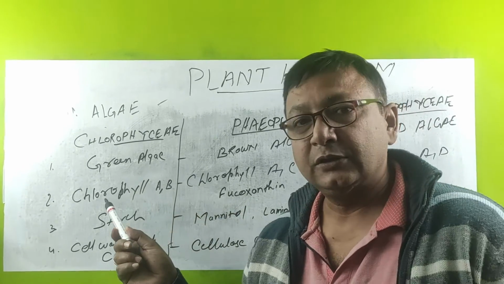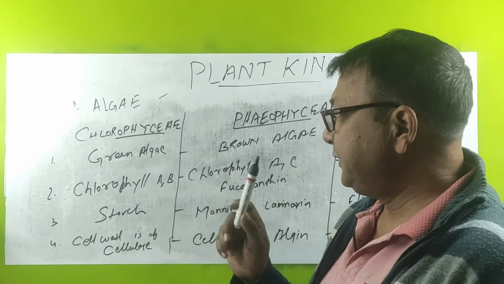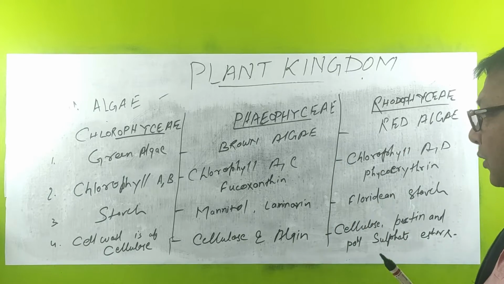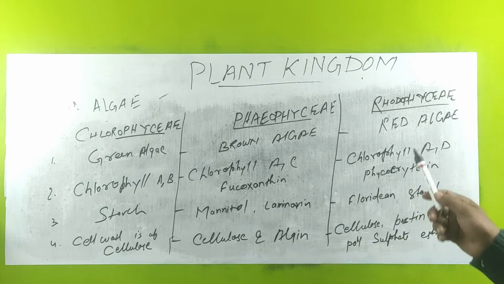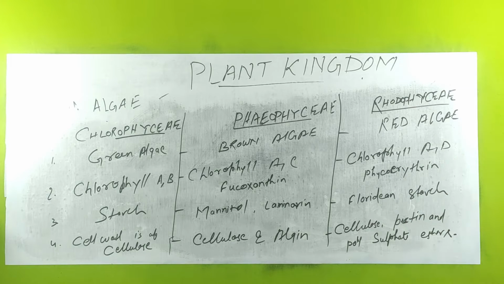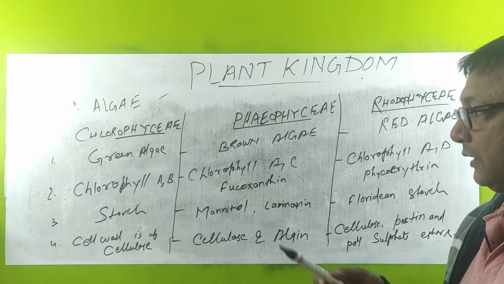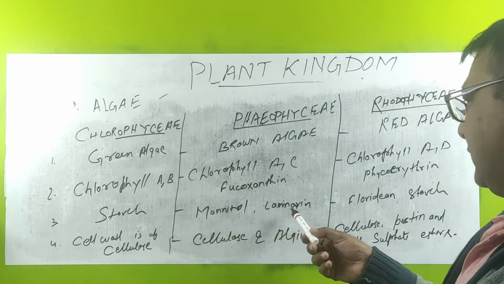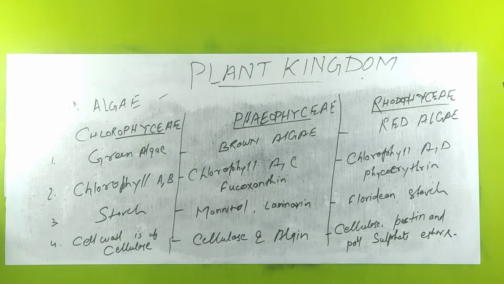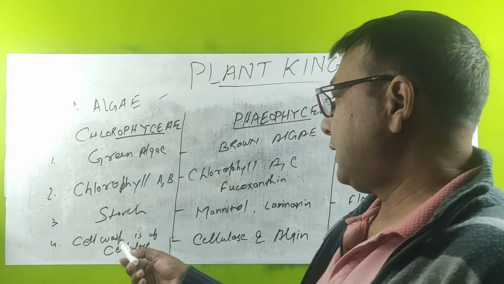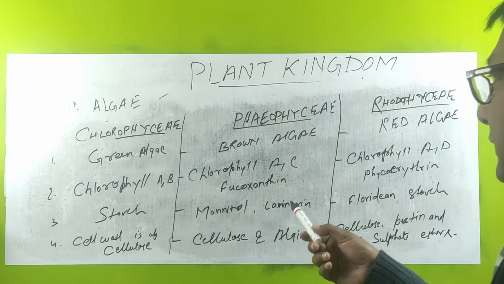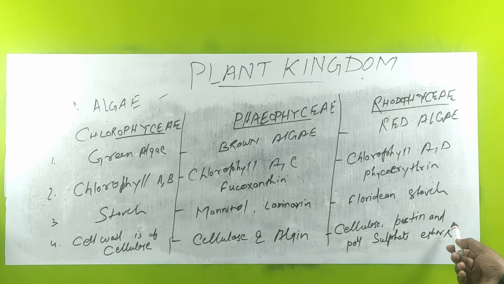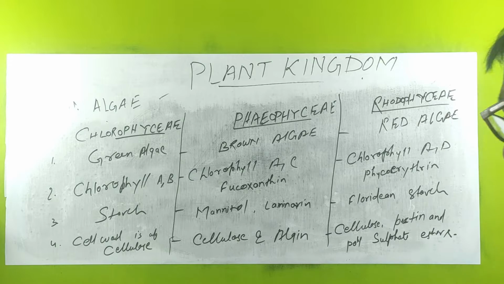We find chlorophyll A and B in green algae, chlorophyll A and C in brown algae with fucoxanthin, and in red algae chlorophyll A and D with phycoerythrin. The food is stored in the form of starch, mannitol and laminarin, and floridean starch. The cell wall has cellulose in green algae, cellulose and algin in brown algae, while in red algae it is cellulose, pectin and polysulphate esters.